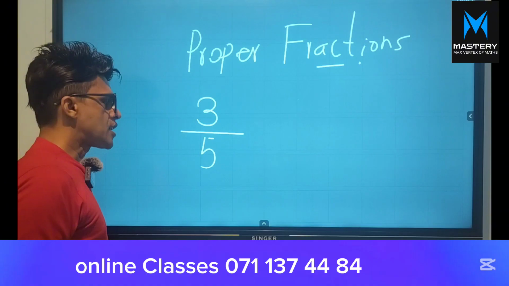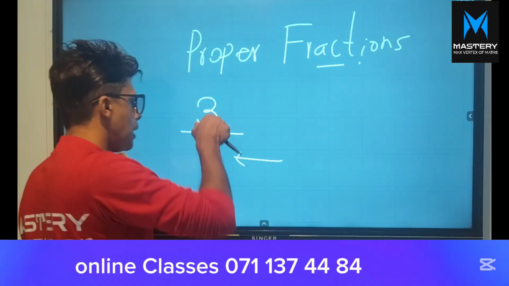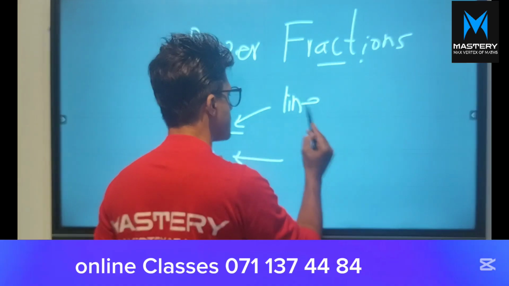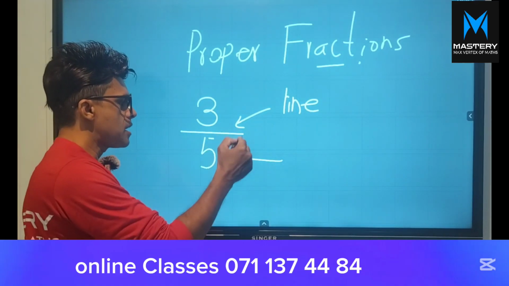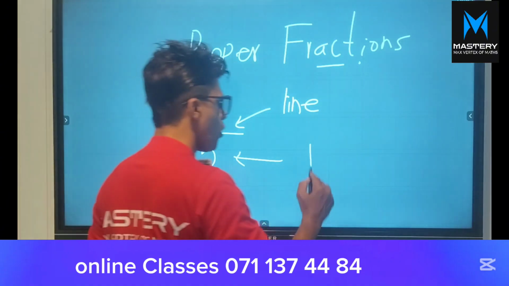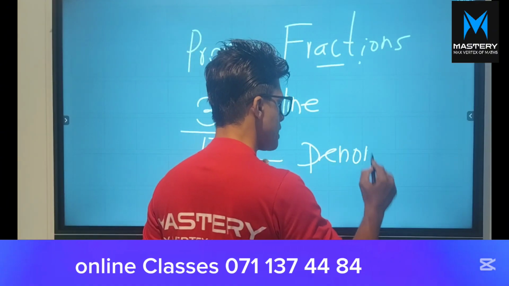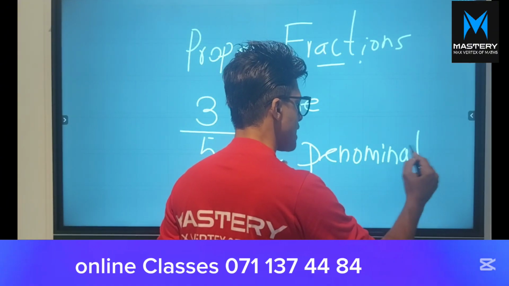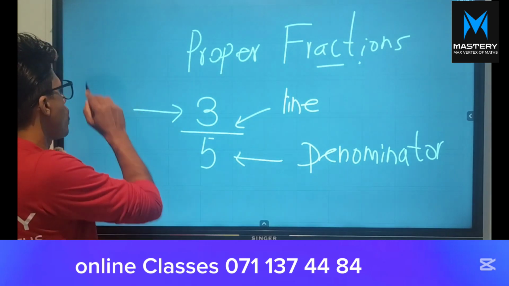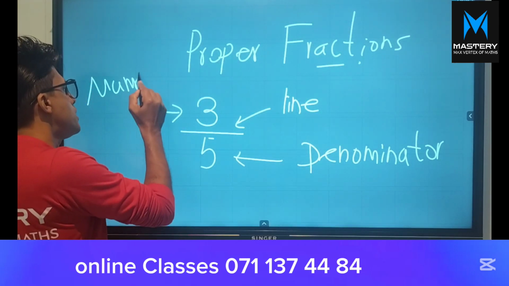The number that you could see below this line, we name as denominator. This is denominator. This is called numerator.